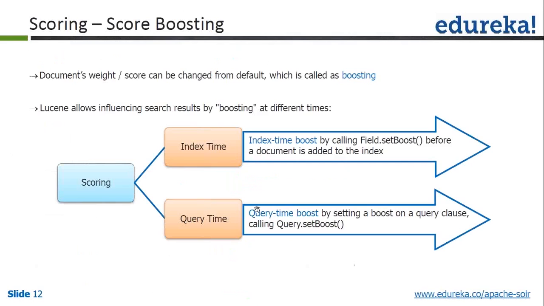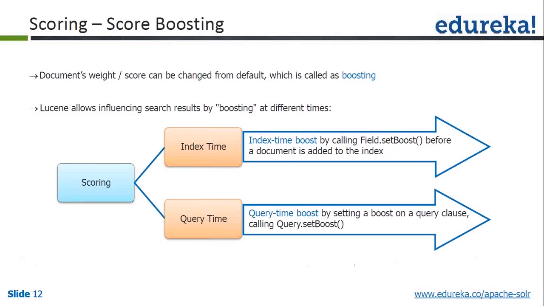So scoring is doing the similar thing. Scoring is helping you have more score. The score of the document is basically boosted. You can achieve this at the time of indexing and at the time of query as well. We have a full lecture dedicated to scoring in the course.